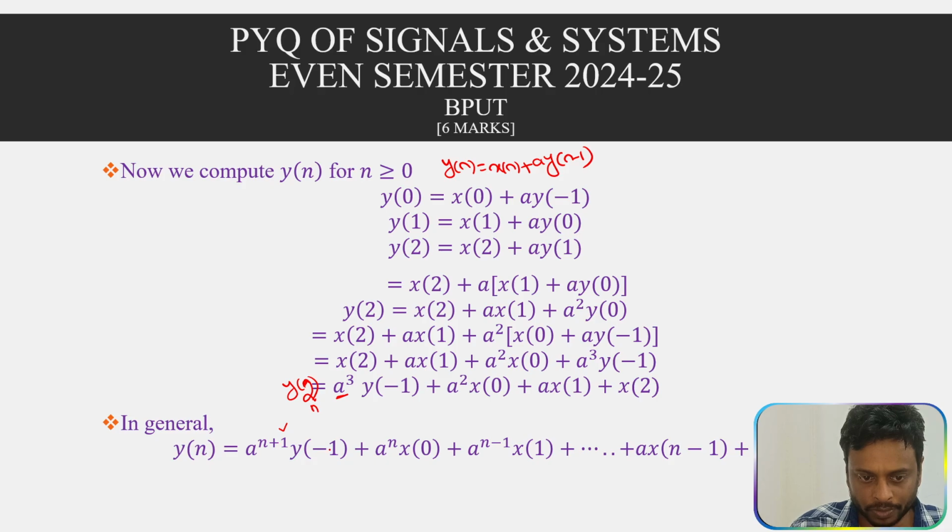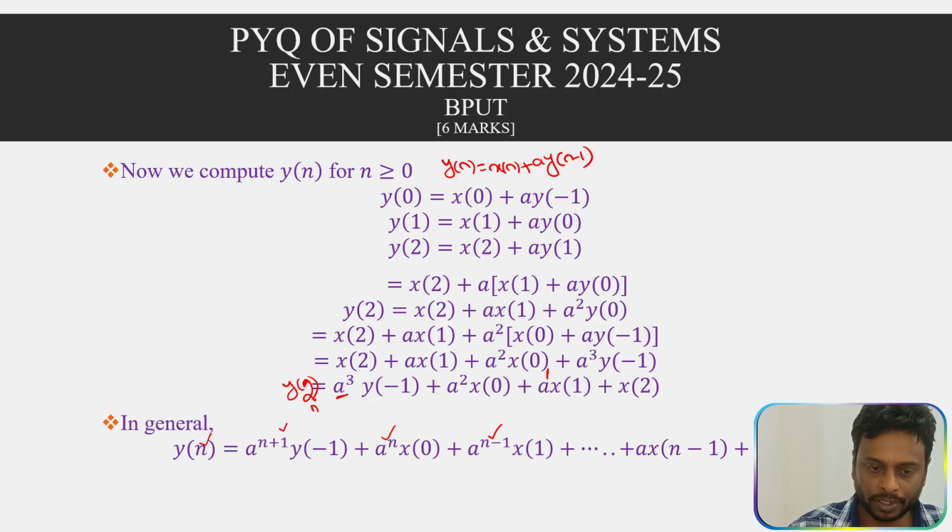Similarly, y of minus 1 is a constant. And a squared, with the same n, has the power n. Similarly, over here x of 0, x of 1 have a to the power n minus 1. Here the power is decremented by 1, that is n minus 1. Likewise, we can go up to x of n.